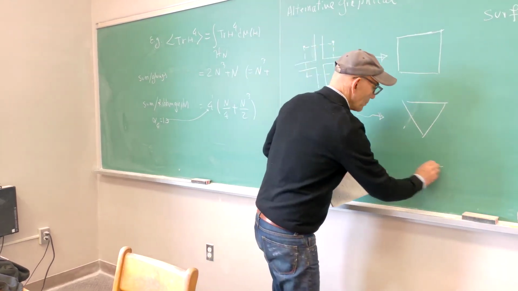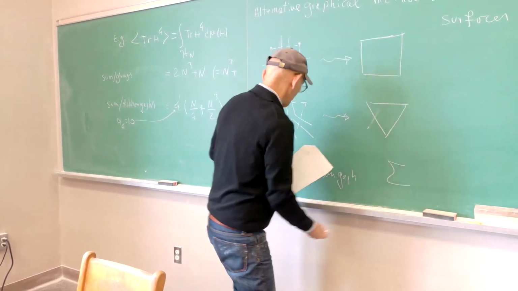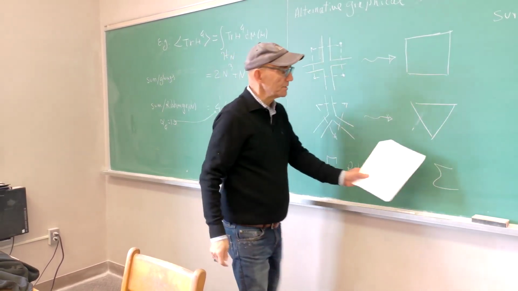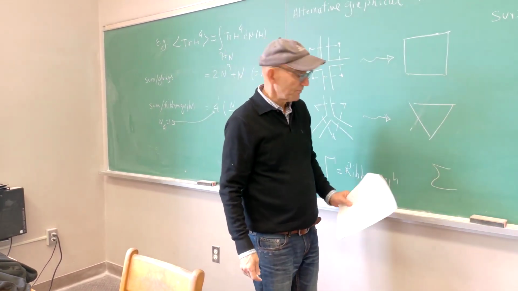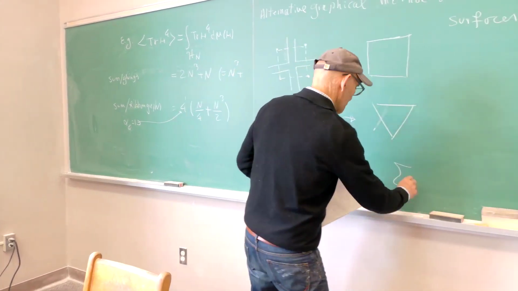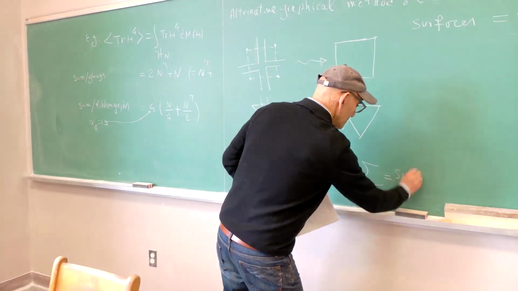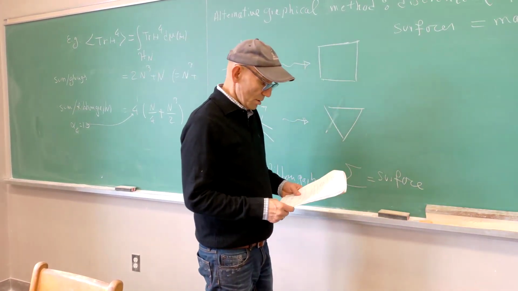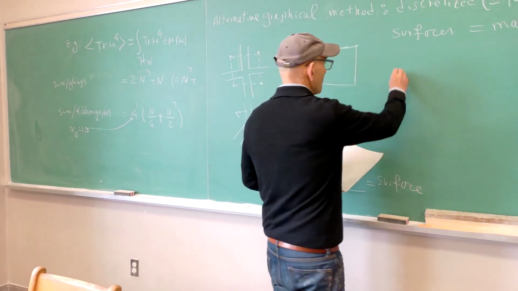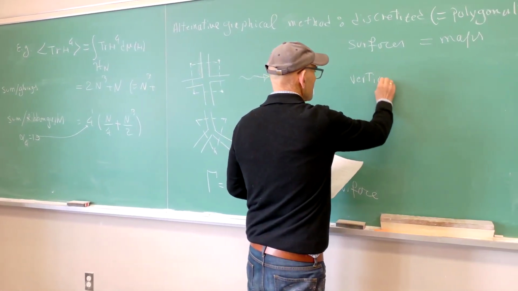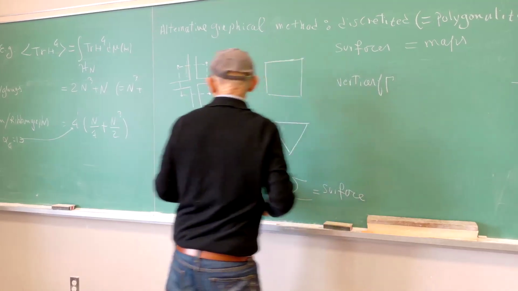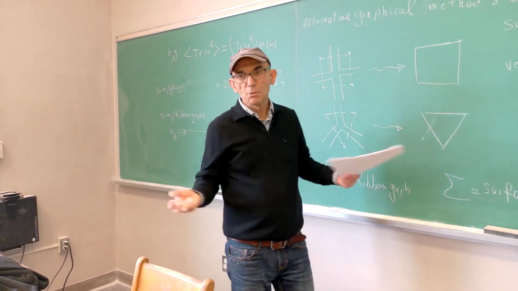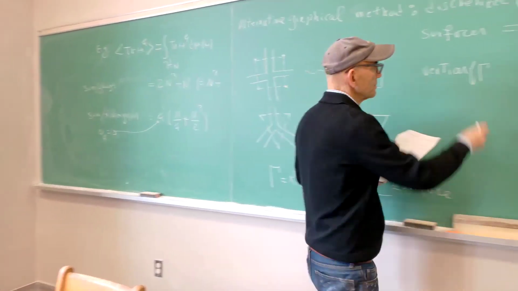Here we get the surface sigma. I haven't drawn the surface and I haven't drawn the ribbon graph. I just draw one vertex of it, and here is just one piece of the surface. So sigma is the surface. The vertices of gamma correspond to faces of sigma under this duality.